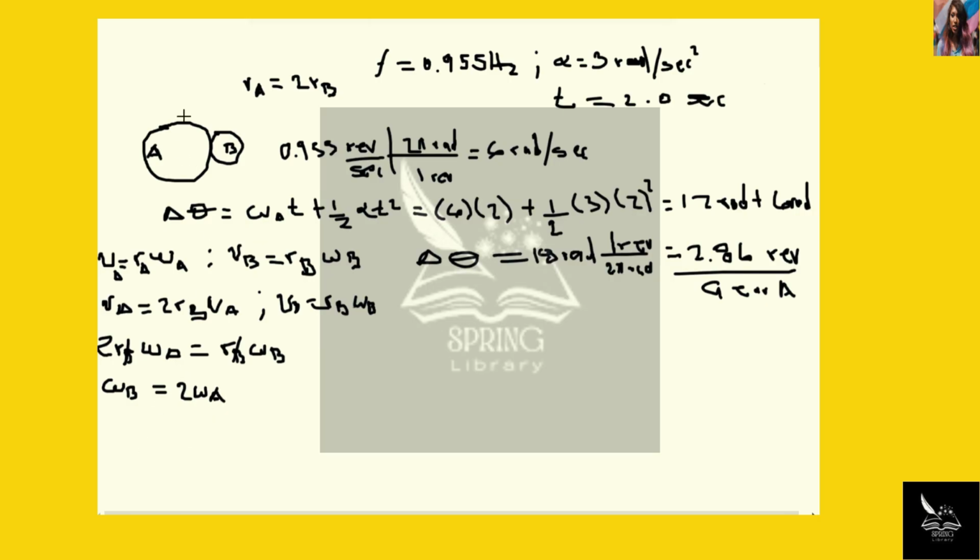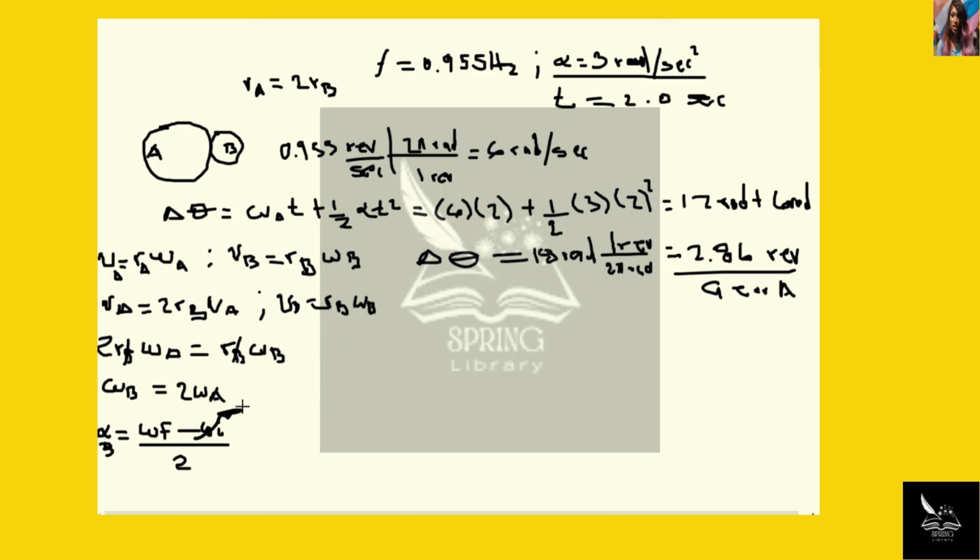Also, we can assume that these two gears are going from rest to a certain velocity, omega A or omega B, and we will have a different angular acceleration for each one. If we want to calculate the acceleration for gear B, it's going to be equal to omega final minus omega initial over the time of 2 seconds.